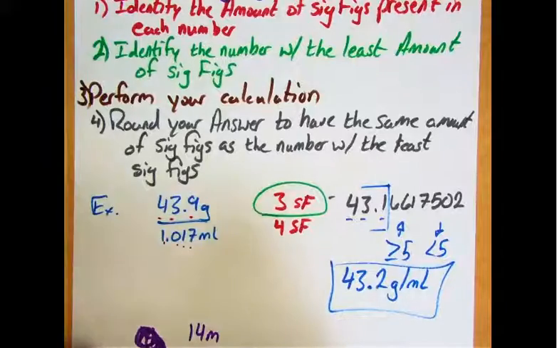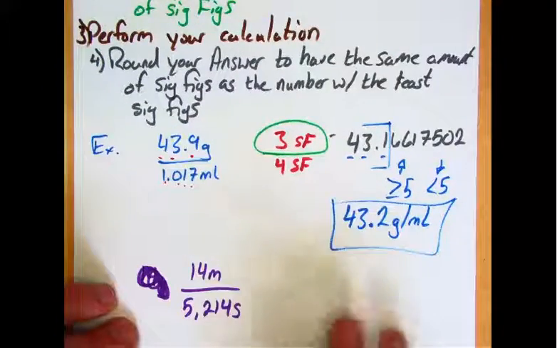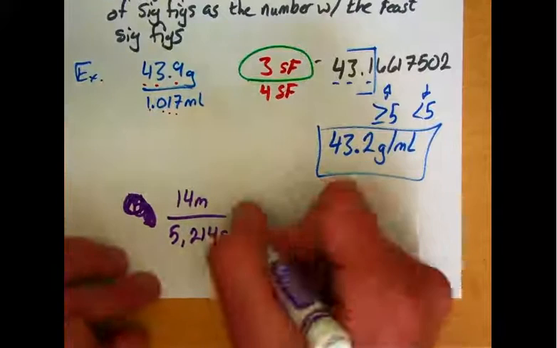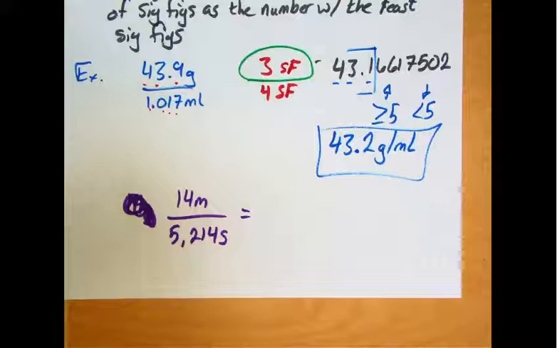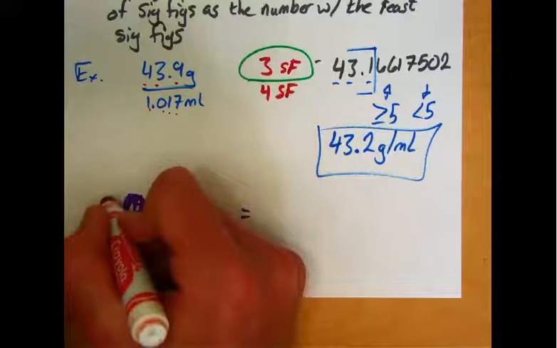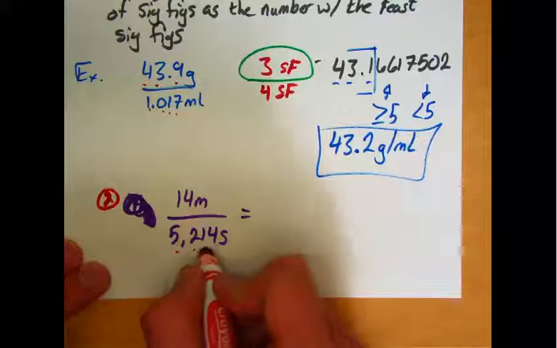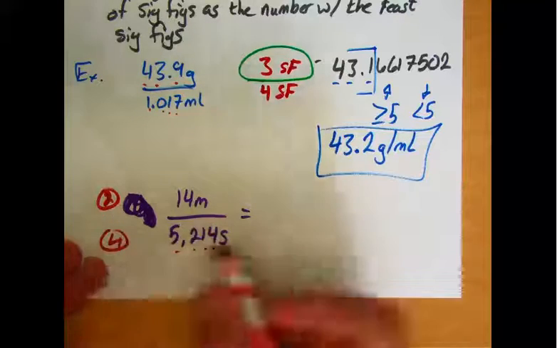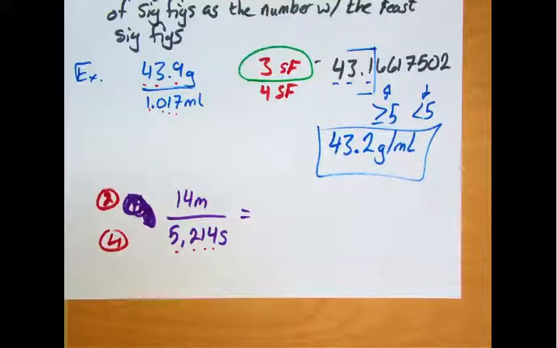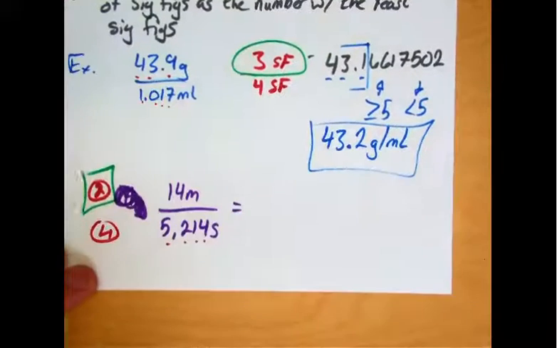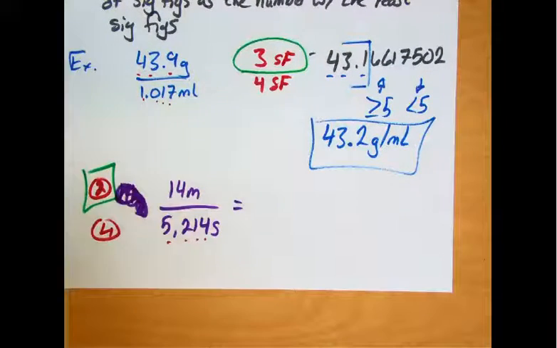If I'm going to perform that calculation, step number 1, I need to identify the amount of sig figs present in each one. So there's 2 up top, there's 1, 2, 3, 4 on the bottom. Step 2, which one has the least amount? That is 2, so 14 with 2.